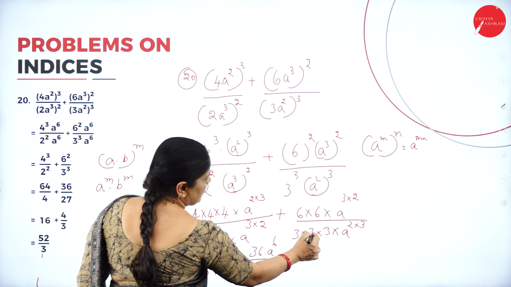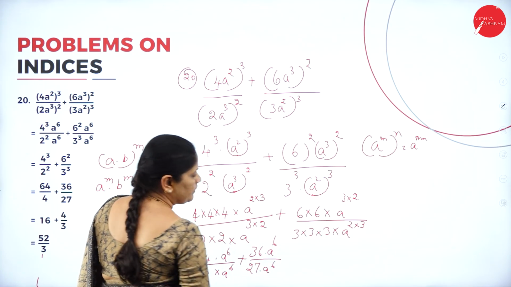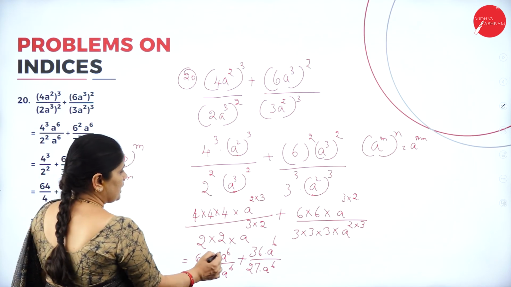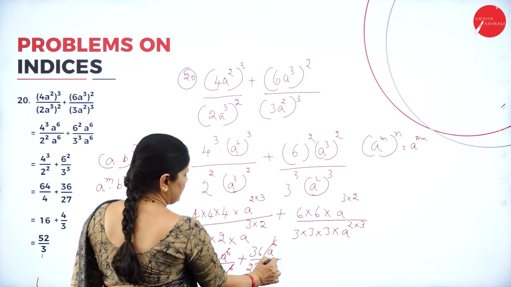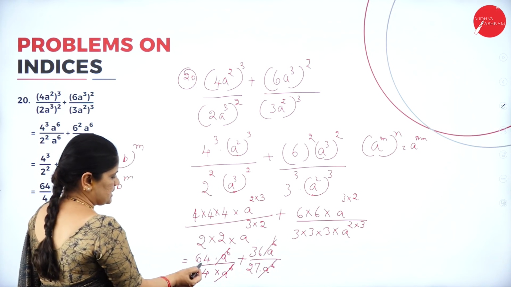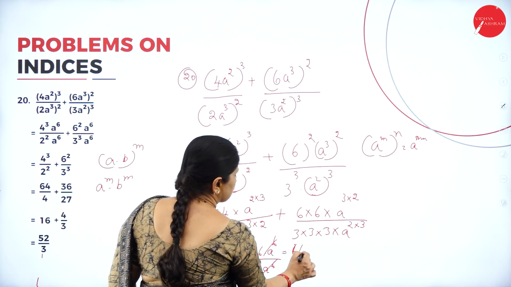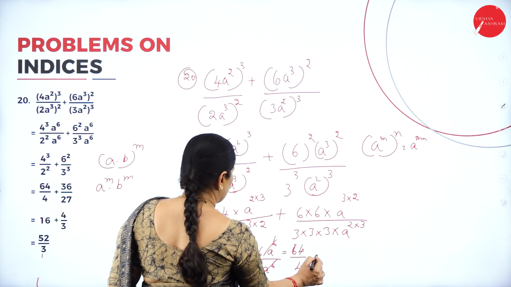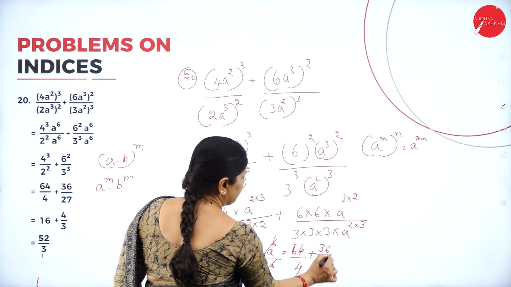So, 3 3s are 9, 9 3s are 27, into a to the power 6. Now, a to the power of 6, a to the power of 6 gets cancelled. Here also it gets cancelled. So, 64 divided by 4 plus 36 divided by 27.